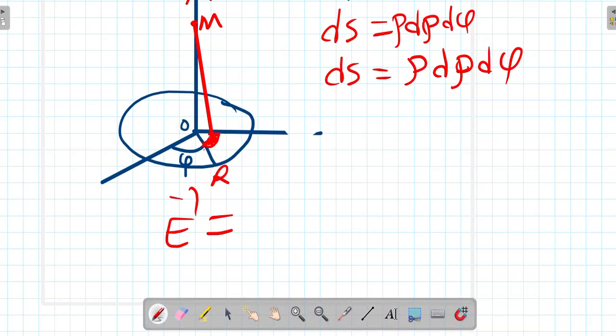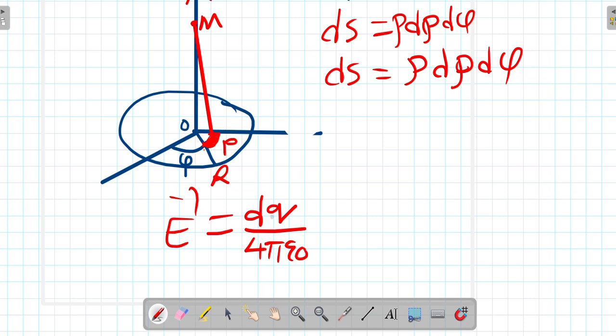Let's say this is point P, where the charge is, and this is M. The electrostatic field created at M will be equal to the charge, which is elemental on this surface, don't forget, so dq over 4 pi epsilon 0, times the vector PM over PM to the power 3.